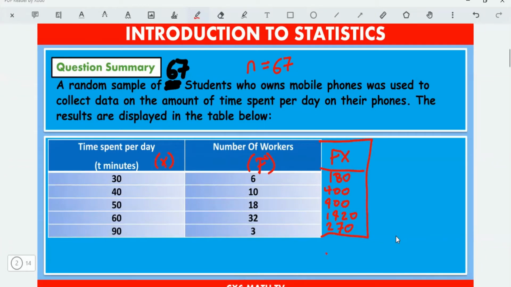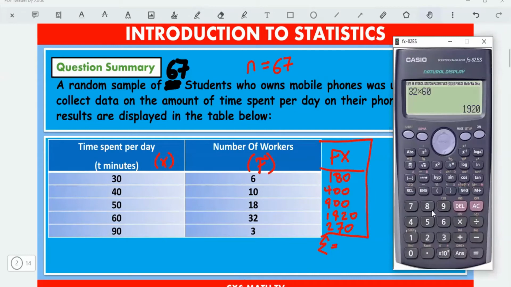But we need the sum of this. The sum of f times x, you add all of these up. So we have 180 plus 400 plus 900 plus 1,920 plus 270.